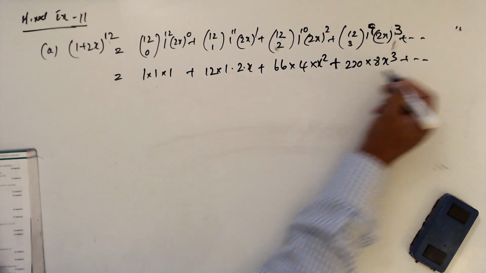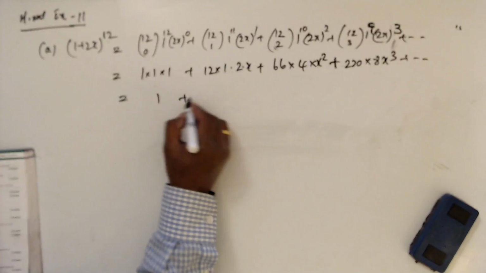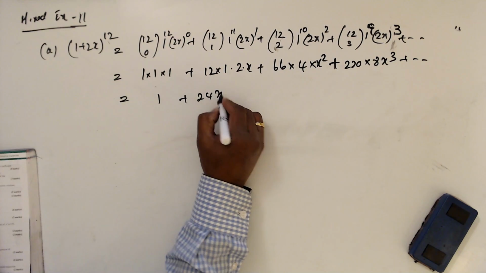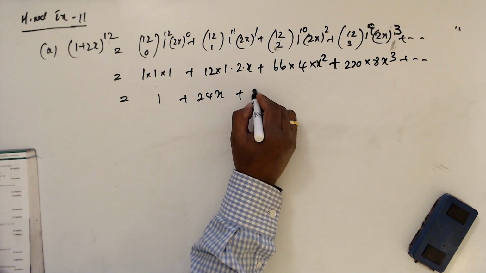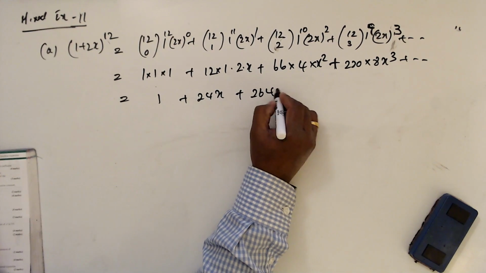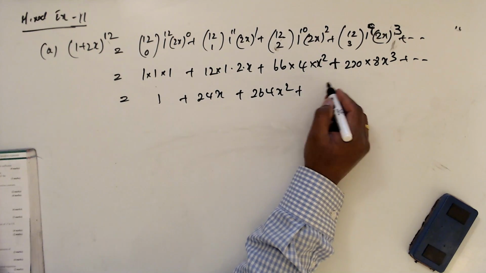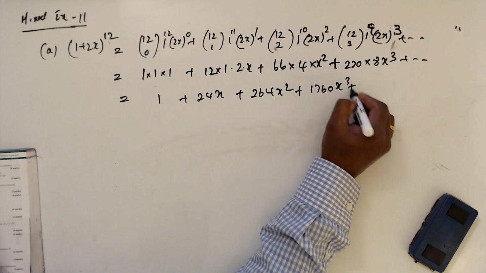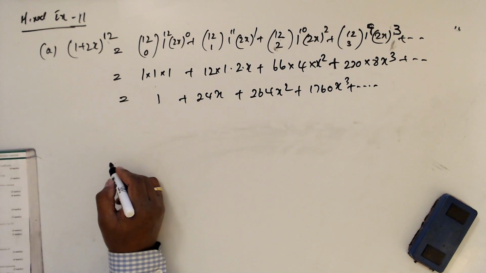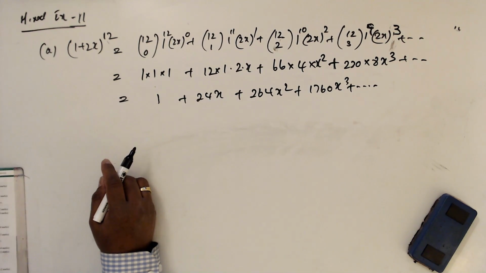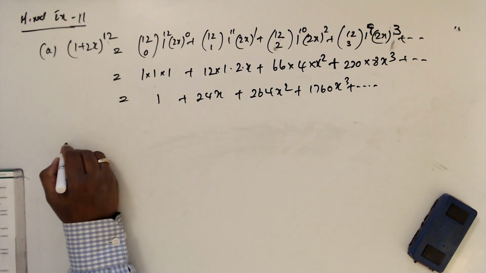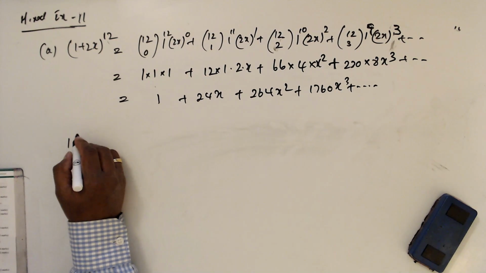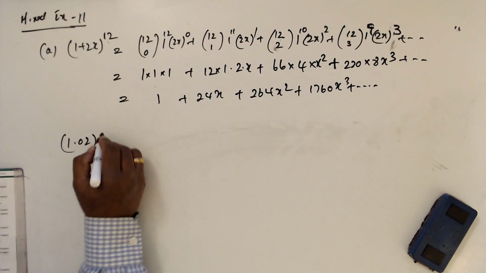So 1 plus 24x plus 264x squared plus 1760x cubed. So we want to do an approximation of 1.02 to the power 12.